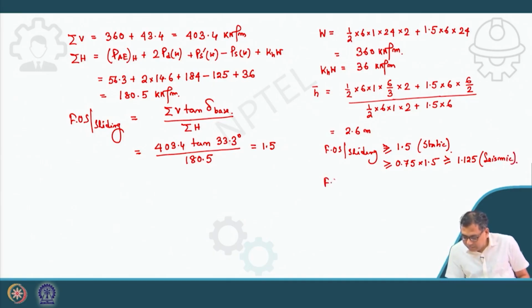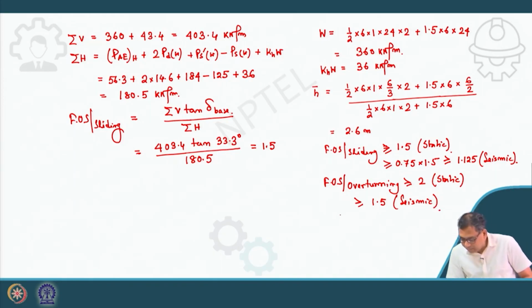Similarly, the factor of safety for overturning will be greater than or equal to 2 for static, and greater than or equal to 1.5 for seismic.